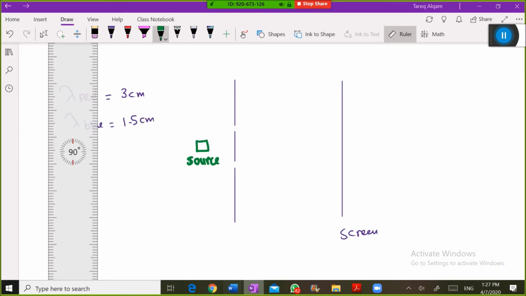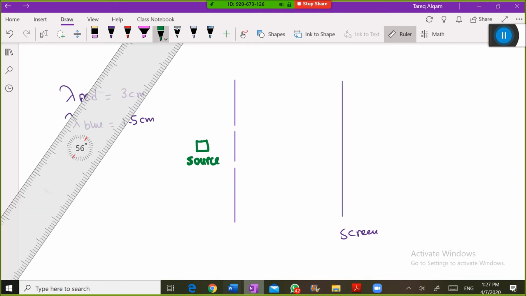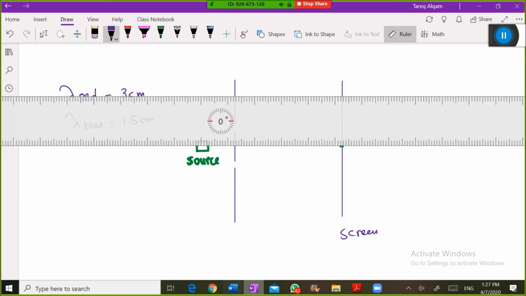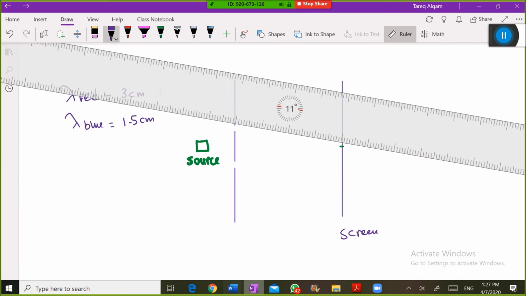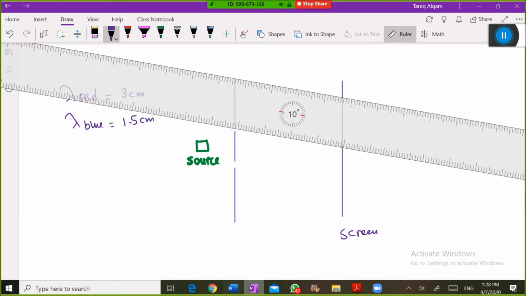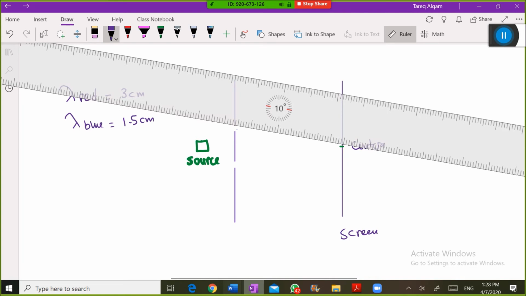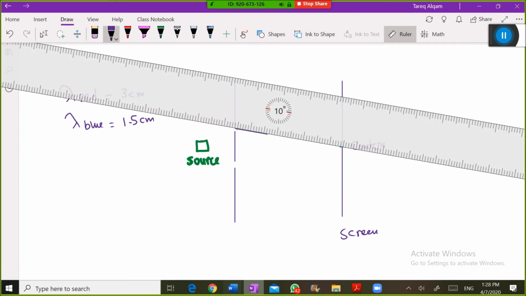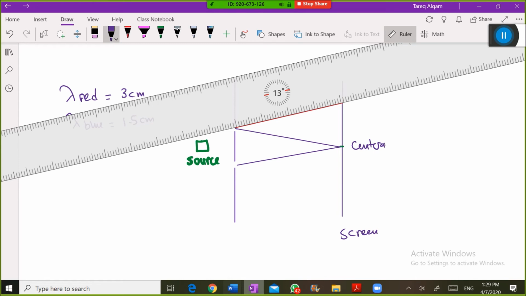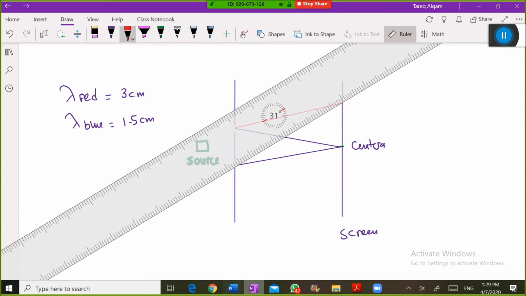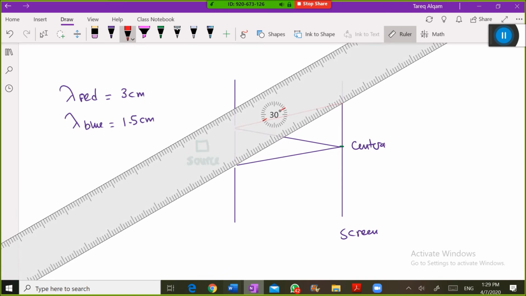Okay, guys. Now, I think this is the central point. If I take this point as the central point, then I have the central one here. Okay, guys.